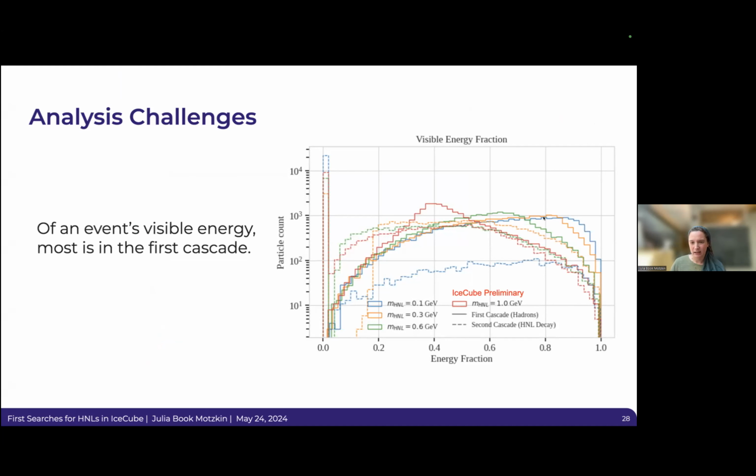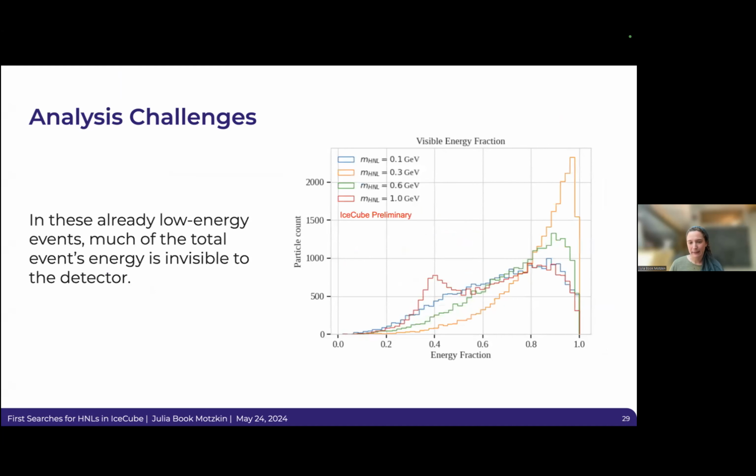In the first cascade, this is going to peak between 70 and 90%. Most of the energy of each event is visible. However, for the second cascade, you have a much broader and much lower distribution with this peak around 0. So often you can't see the second cascade, which means we're not getting that unique double cascade topology.